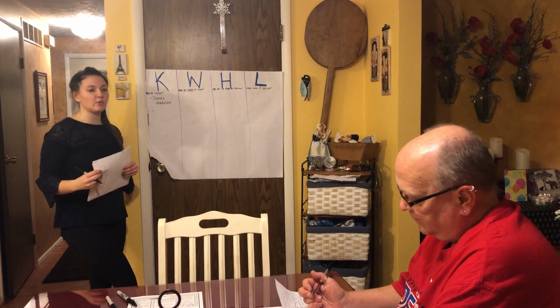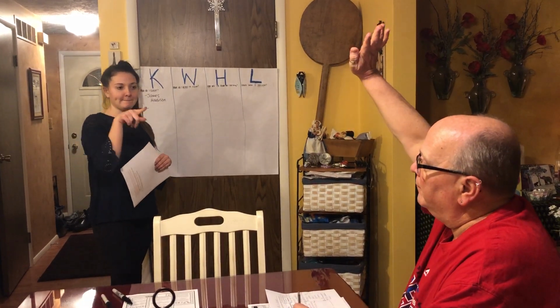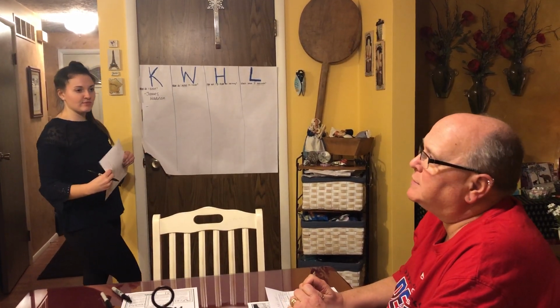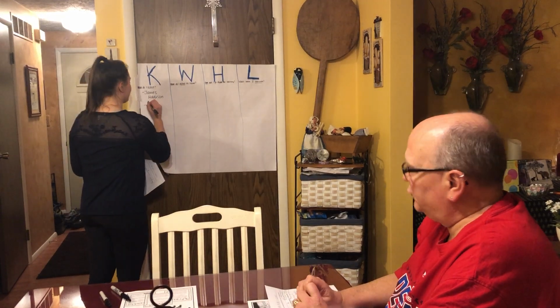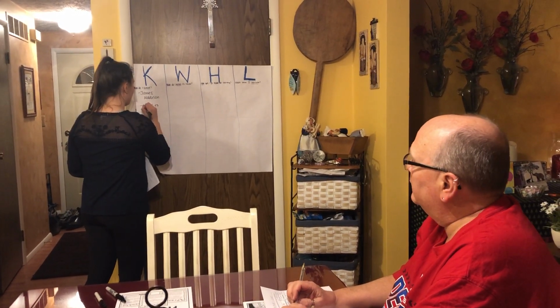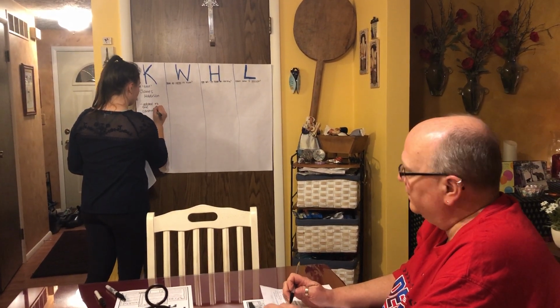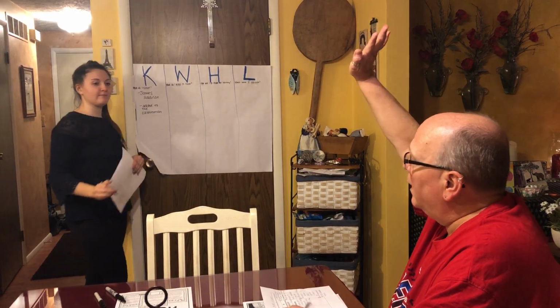Does anyone else want to give me something that they know? I know that an amendment is something that was added to the Constitution. So an amendment was added to the Constitution. What else? Ooh. I know that the first 10 amendments are called the Bill of Rights.